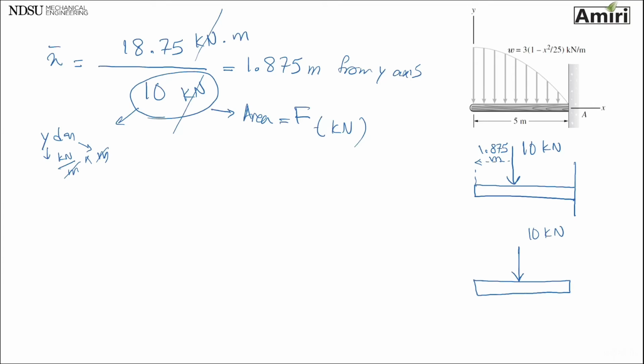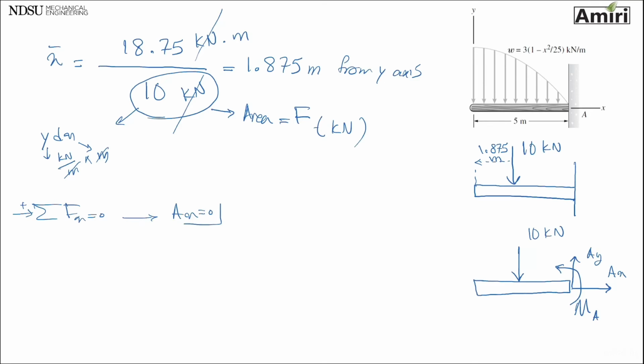It's a fixed support, doesn't move in x direction, doesn't move in y direction, and does not rotate. So it has three forces. All we have to do is write our three famous equations of equilibrium.